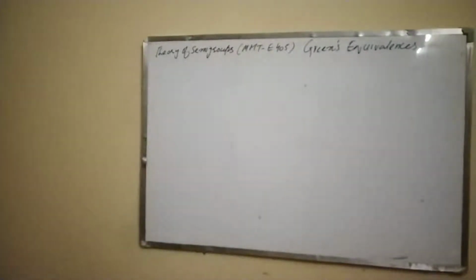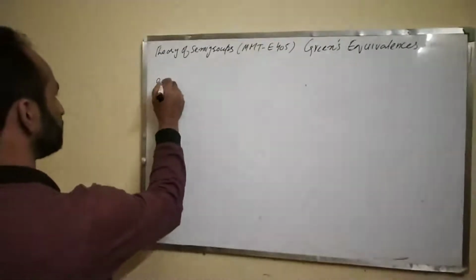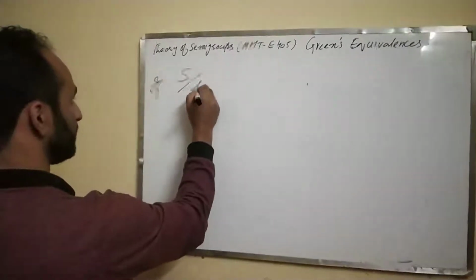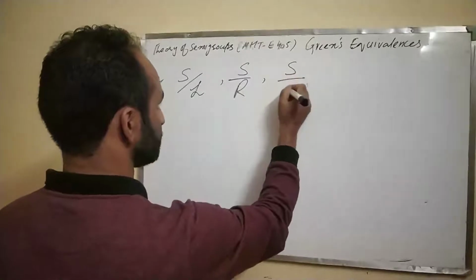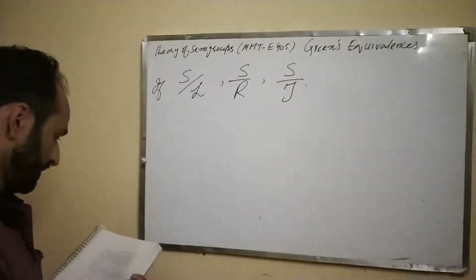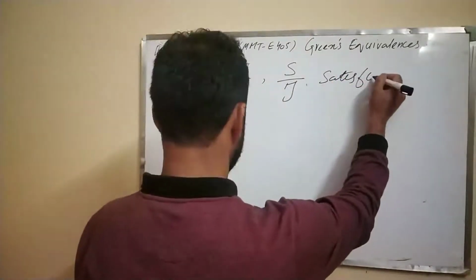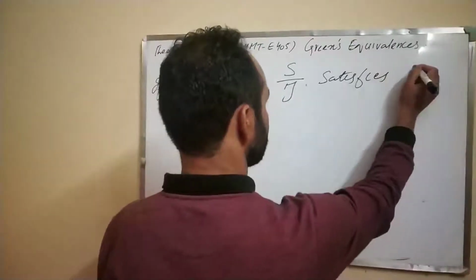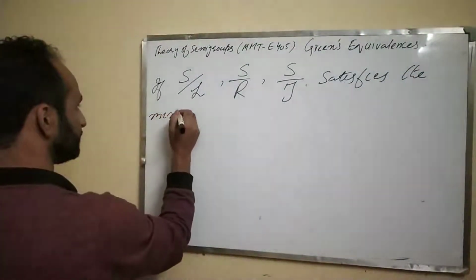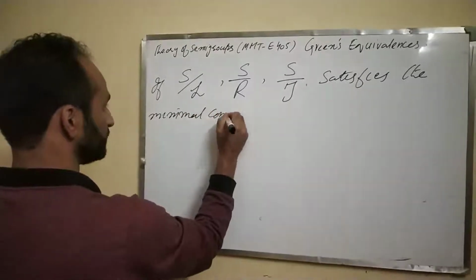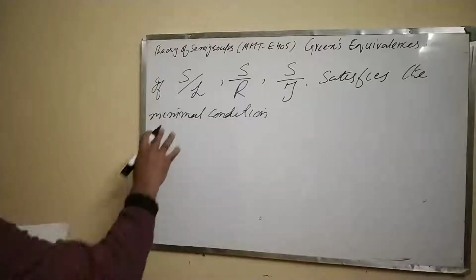if S over L, S over R, S over J satisfy the minimal condition, if these partially ordered sets satisfy it, it means they possess minimal elements.